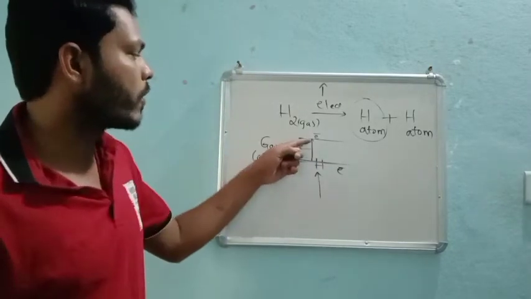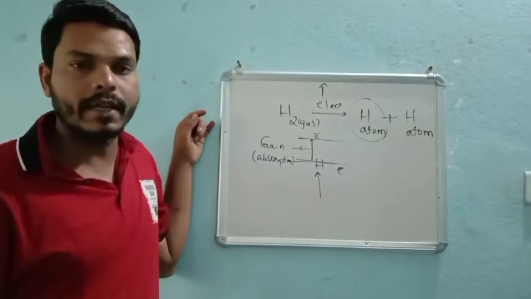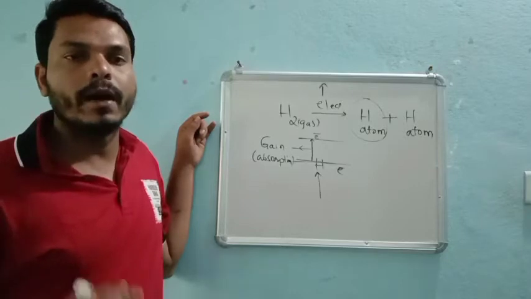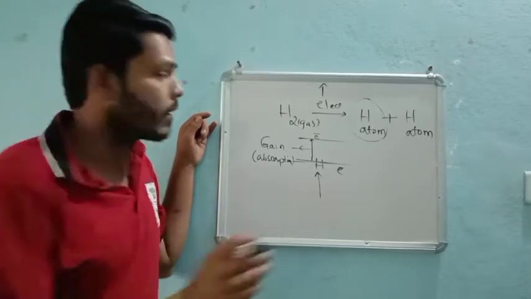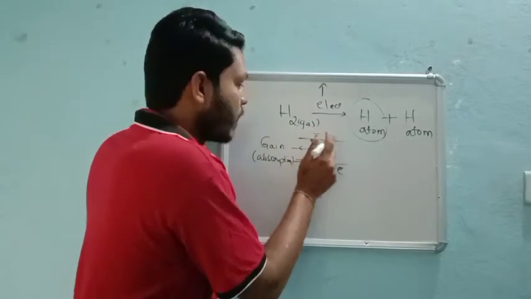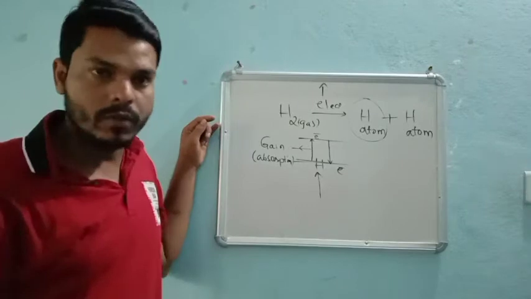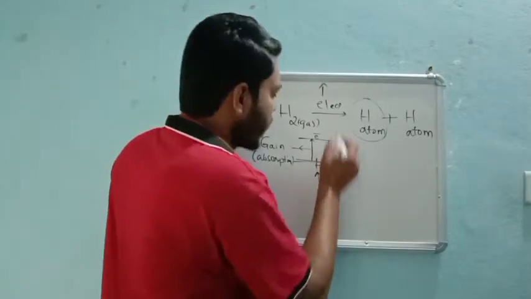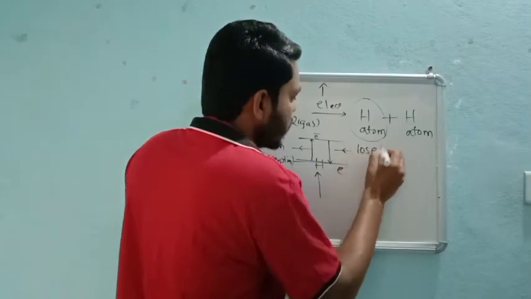Now the electron will not stay here. Why? Because in the last class I explained that the excited state is an unstable state, so it will not stay long in it. It must come back to its ground state. While coming back from higher energy to lower energy, loss of energy takes place.